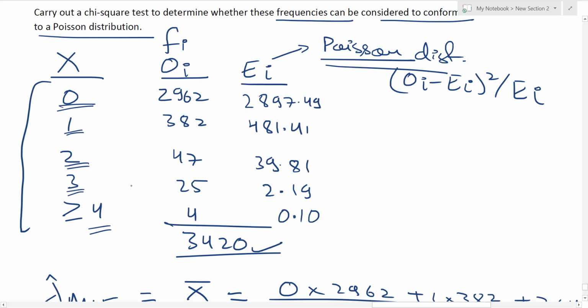Even for x equal to 3, your EI is small, 2.19. When you divide OI minus EI whole square by this small EI, it will be unnecessarily inflated. For the last one, this will be 4 minus 0.1 whole square divided by 0.1.